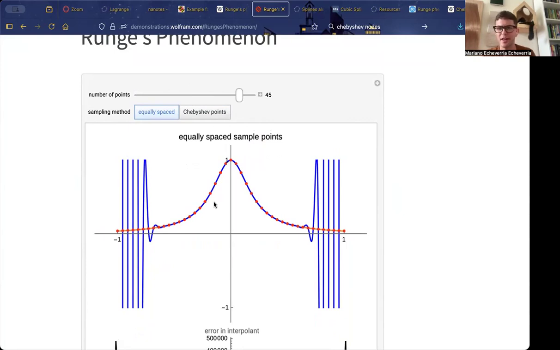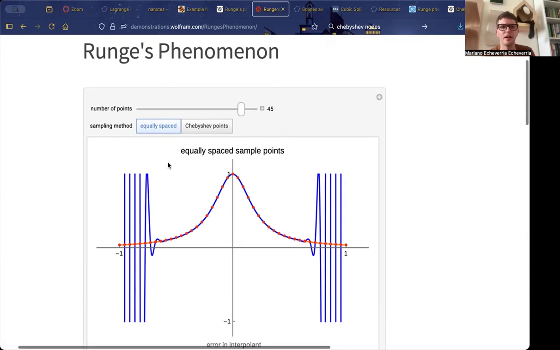But what's happening is that the more points you add in the interpolation, the polynomial you're using fluctuates more and more rapidly, at least near the endpoints, near the edges of the graph. In the middle, it's a pretty good approximation. But once you get to the edges of the interval, it fluctuates wildly.